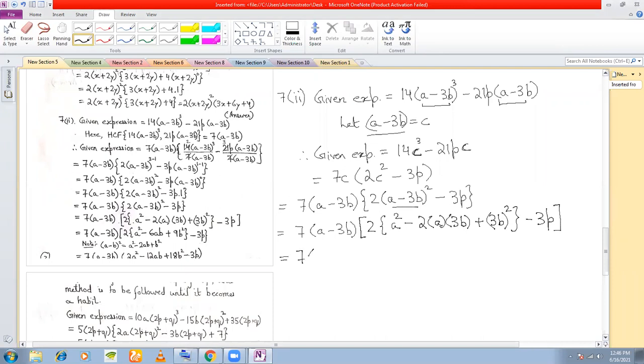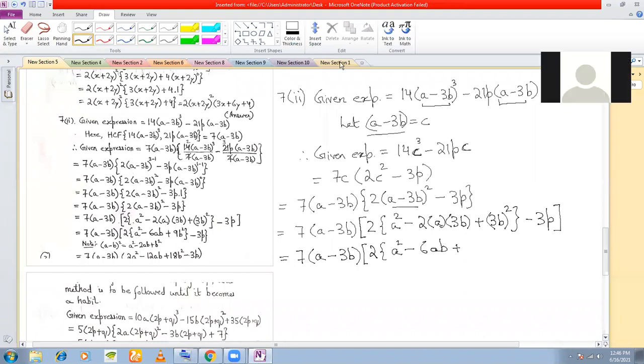And next we have (a minus 3b) twice. We have a square minus 6ab plus 9b square and minus 3p as it is.